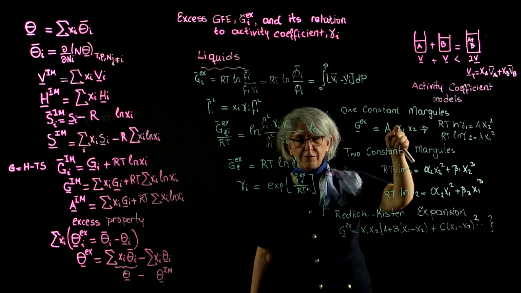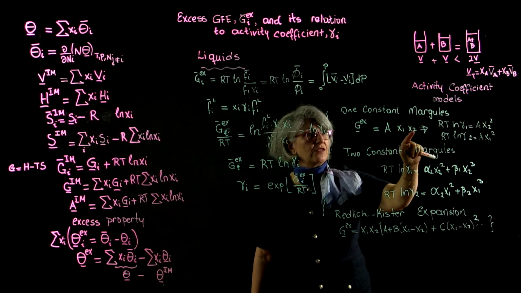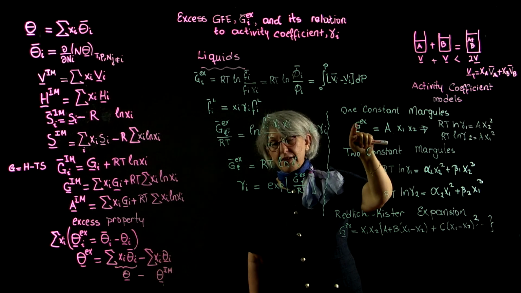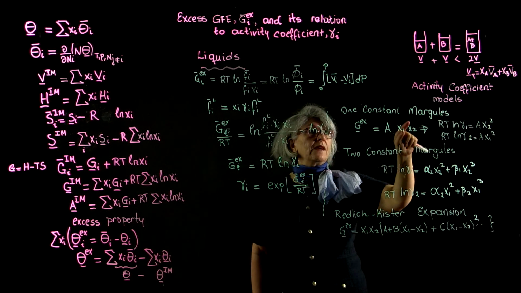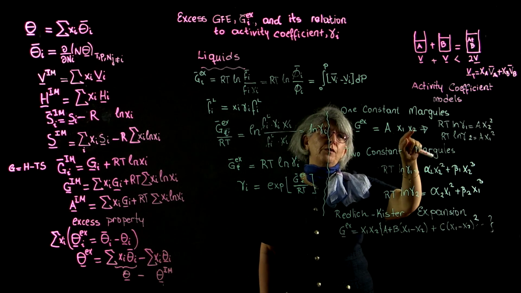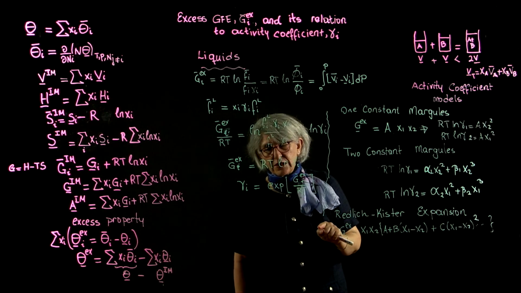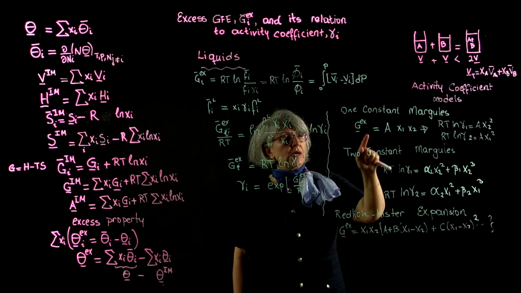If we have pure 1, x2 is 0, which makes the total excess Gibbs free energy 0. If you have pure component 2, x1 is 0, and total excess Gibbs free energy is 0.